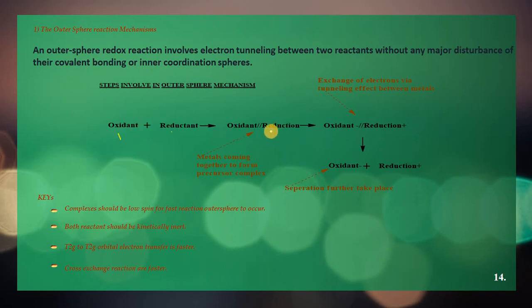So the first thing that will happen in the outer sphere mechanism is that the oxidant and reductant tend to come together. Whenever they come together, the metal ions form a precursor complex, meaning there's an interaction between them.